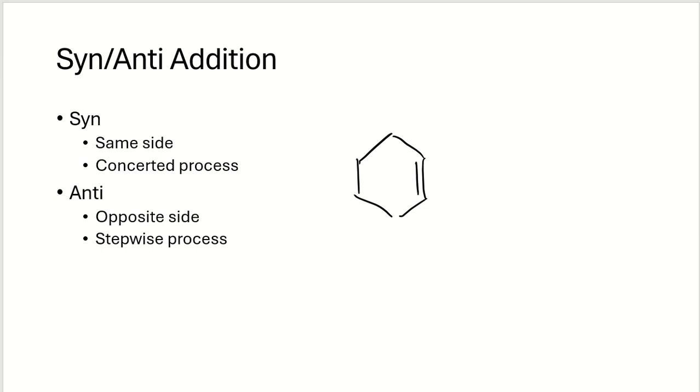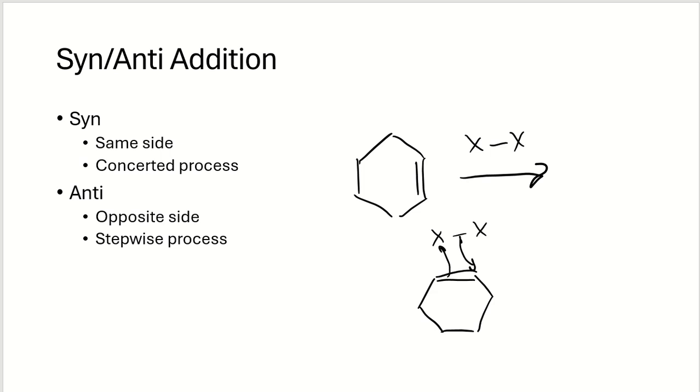If I have a double bond here and I add X, during that mechanism I am adding X all at the same time, because those have to be on the same side as the reaction occurs for it to be concerted. And so when that happens, I would get both wedges or both dashes.